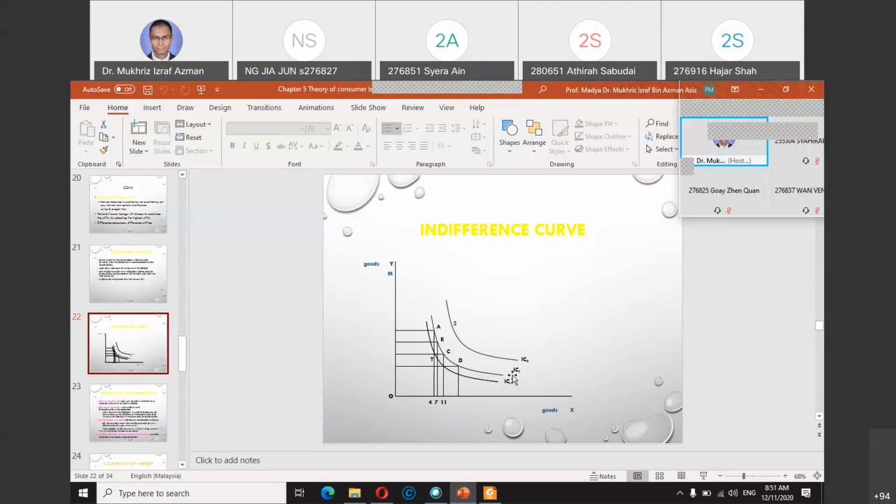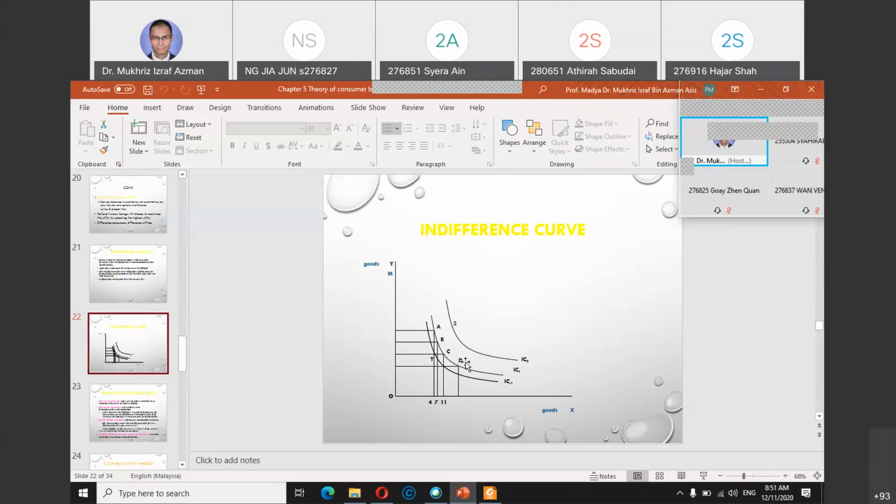Along the same curve, you have different combinations of good X and good Y. For example, at point A, you consume more of Y and less of X. And at point D, you consume more of X but less of Y. As long as you are on the same curve, you have different combinations of Y and X that you can consume.